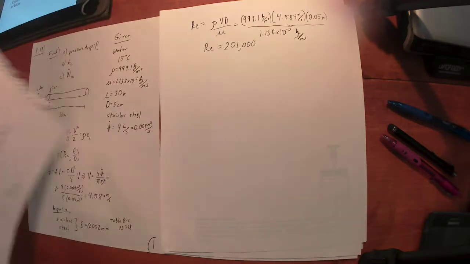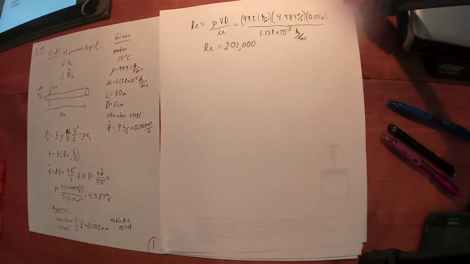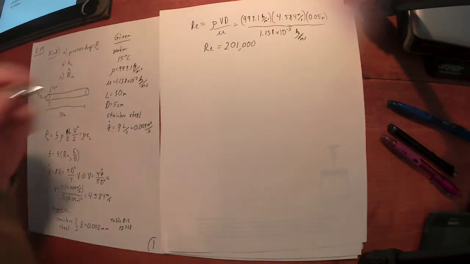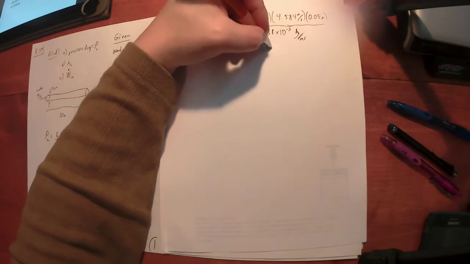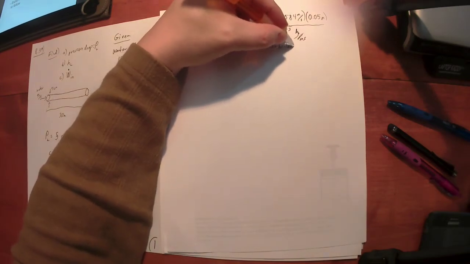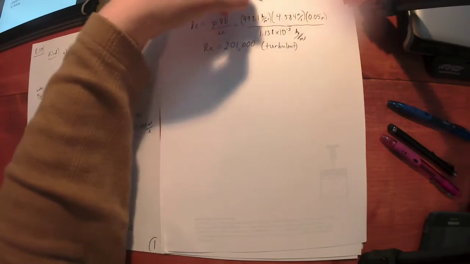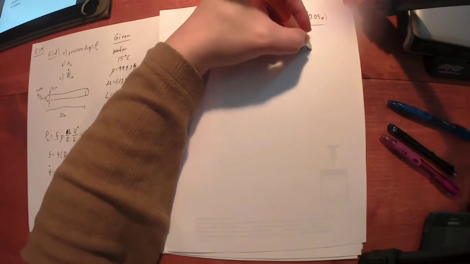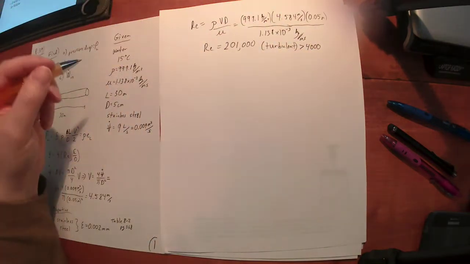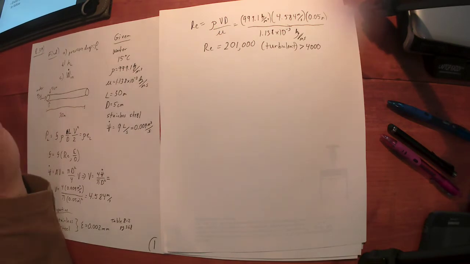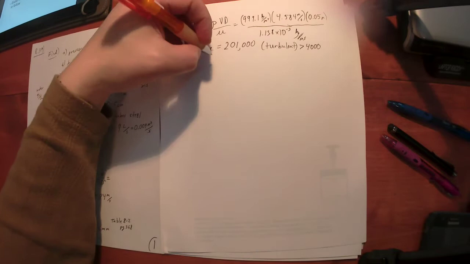I would very much expect the flow through this pipe to be turbulent, because this is in excess of at least 4,000. 2,300 is a pretty good assumption. You get over 4,000, it's almost guaranteed in pipes. So we've got turbulent flow.